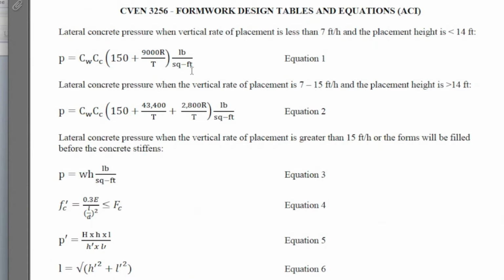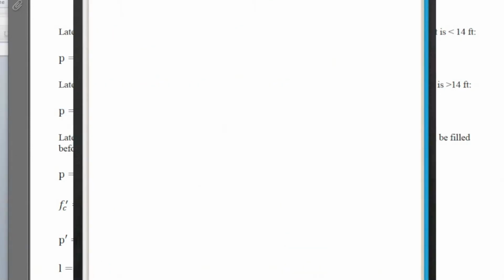In this case, we've got a rate of placement between 7 and 15, but our height is less than 14. So we're good here. This is going to be our equation that we're going to use. So let's go ahead and do it.